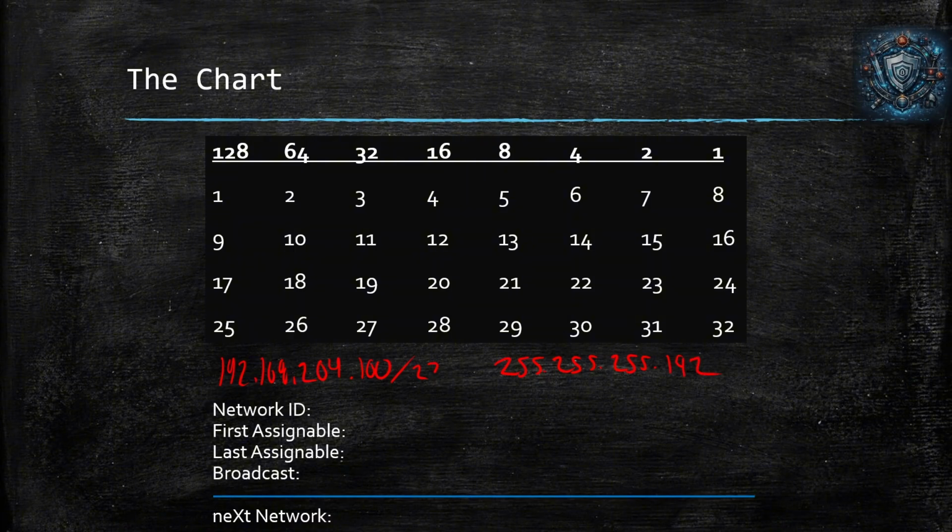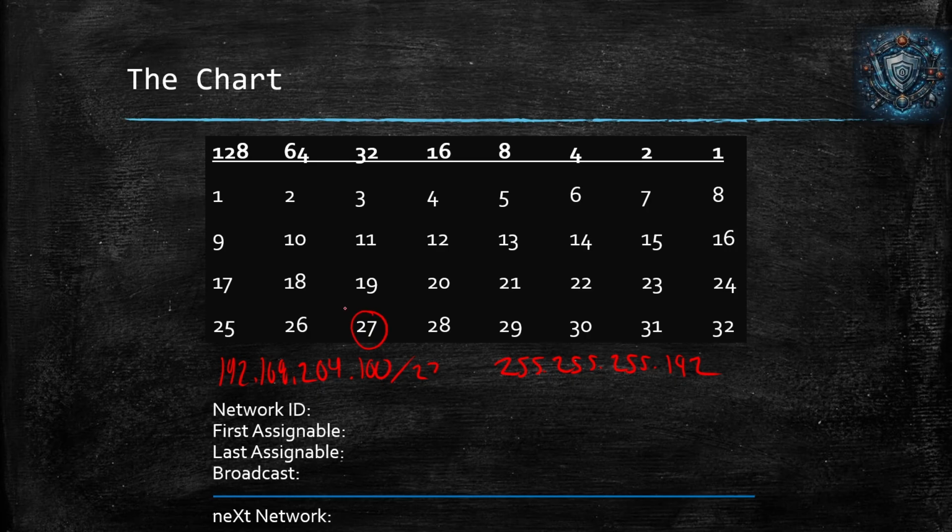Okay, so now that we have our IP address and our subnet mask here, let's go about getting our subnetting piece done. So step one is we're going to take this /27 and identify it on the chart. Bang, right there.